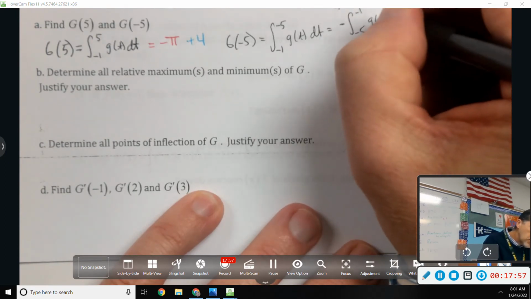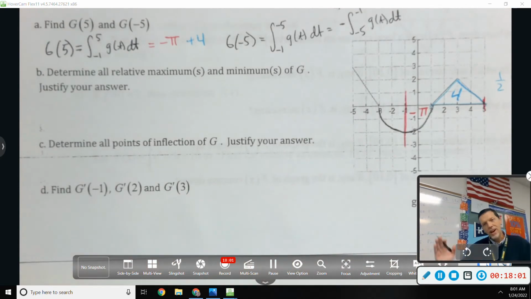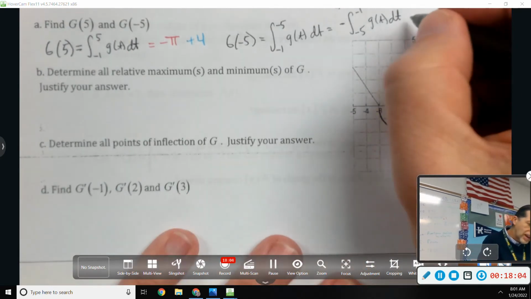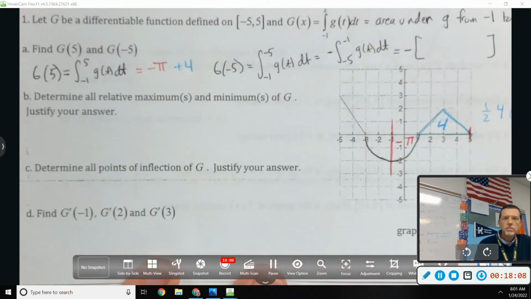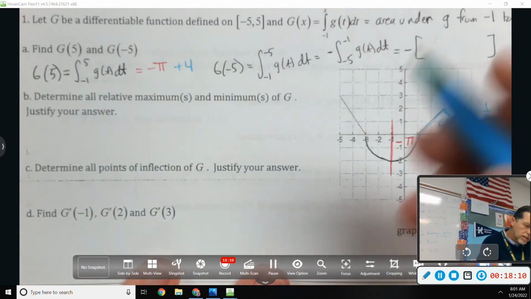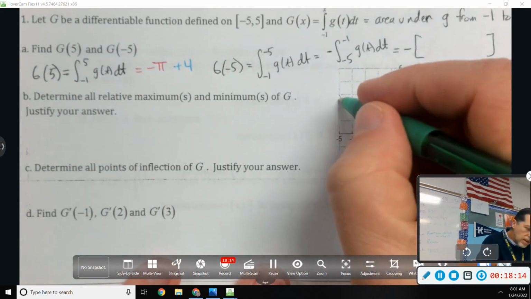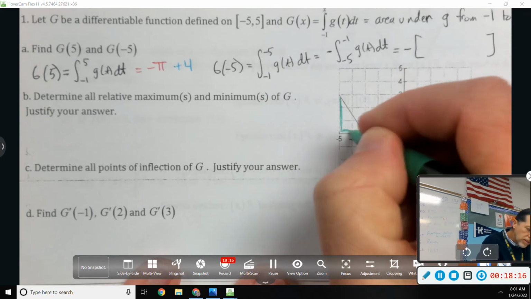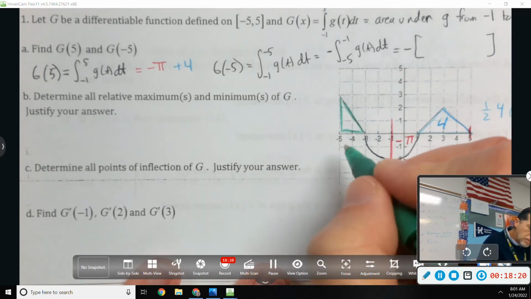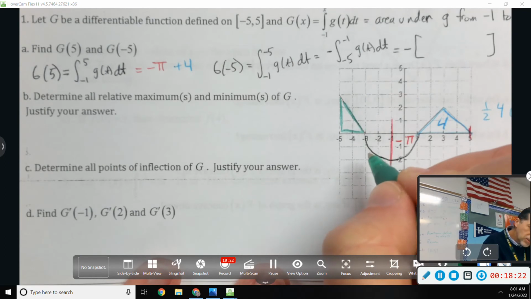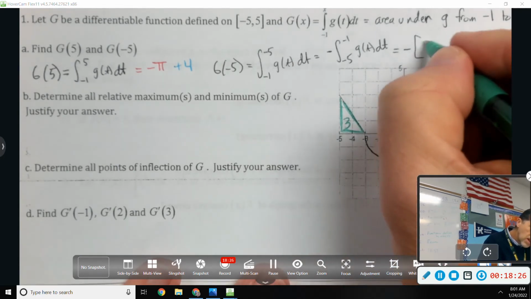So I'm going to flip them to put it sort of in the right order so I can move left to right. And I'll just make sure I get a negative outside. So another triangle. Base times height over 2 will be 3 for the triangle.